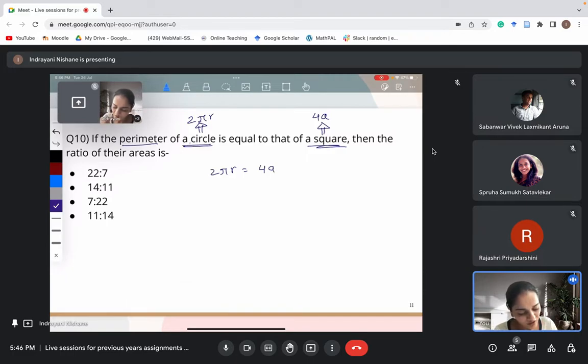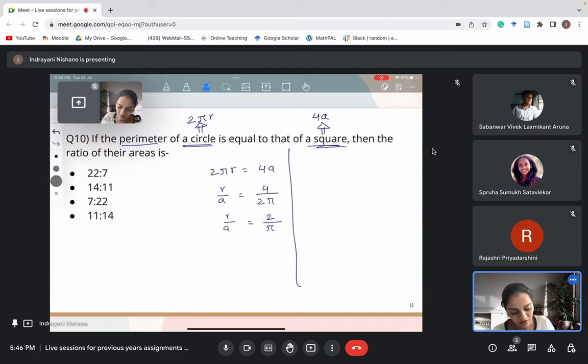Then the ratio of area of circle to square is being asked. So let's get the ratio of r by a, which is 4 by 2 pi, which will be 2 by pi. So r by a. Now we are asked the ratio of their areas, right?